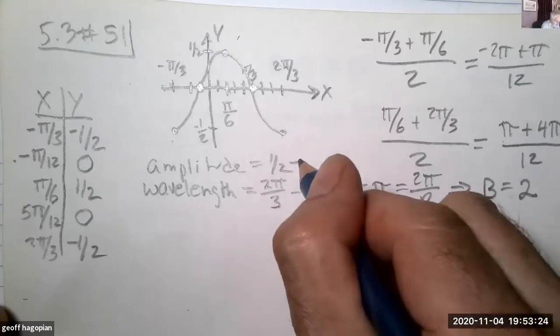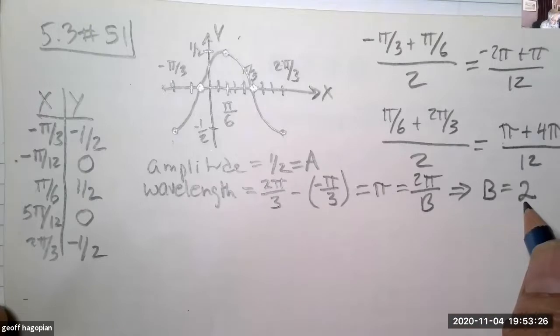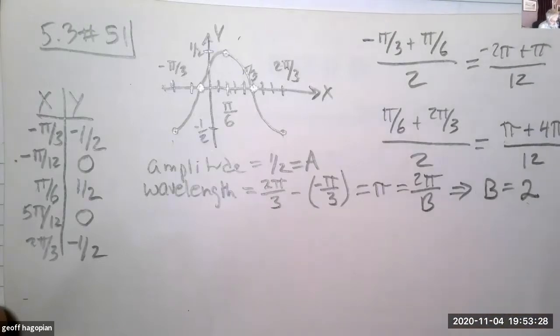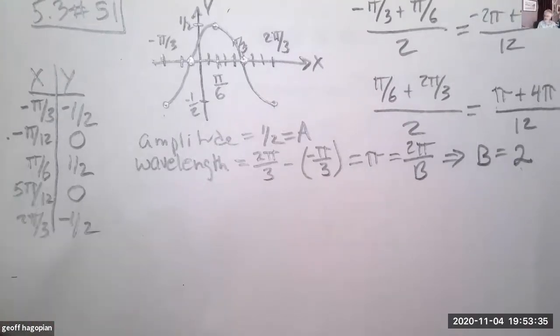So this is A, right? This is B. D is equal to 0. What's C? Well, C is our phase shift. So what kind of animal do you want to call this? You want to call this a sine or a cosine? Well, since we're starting at a trough, it's kind of a negative cosine. So you could go with that.